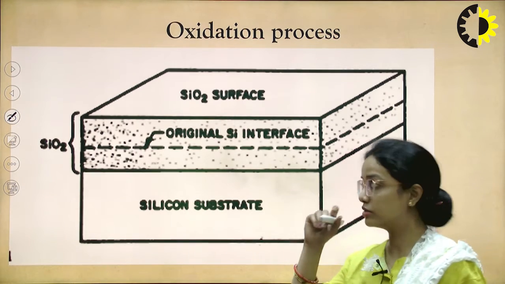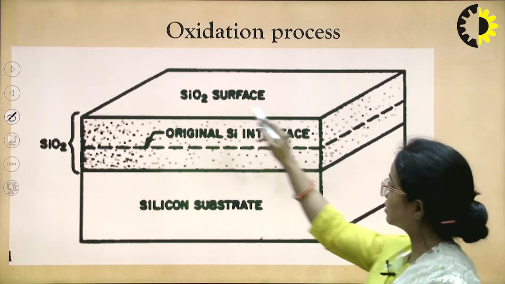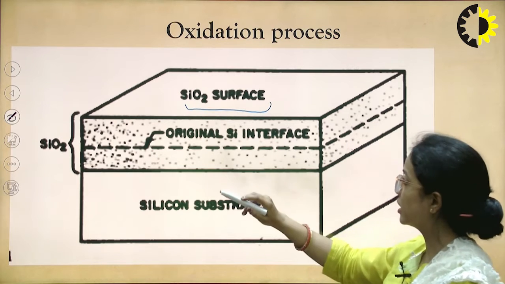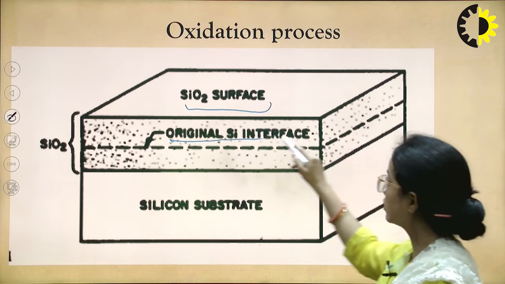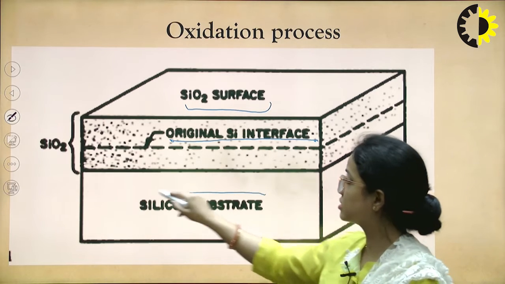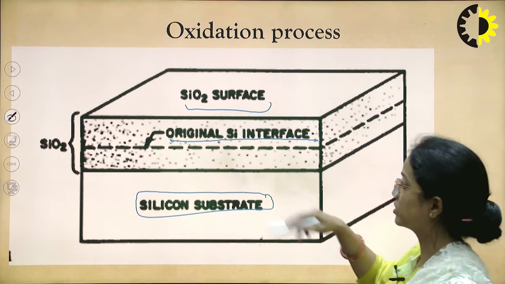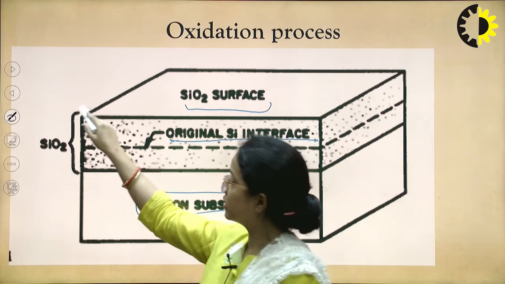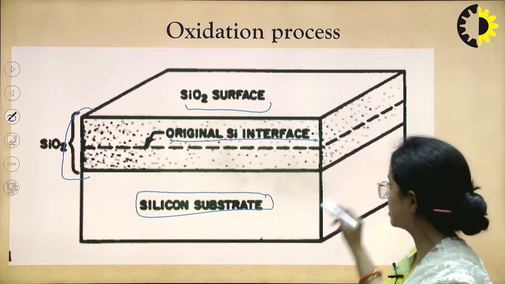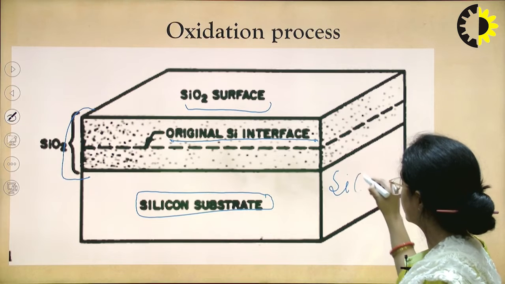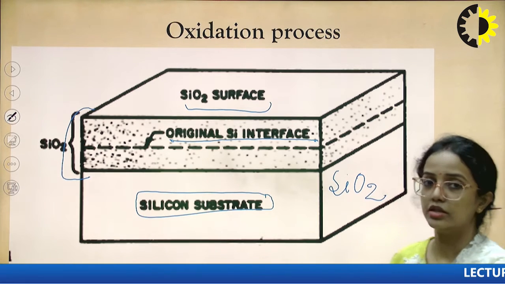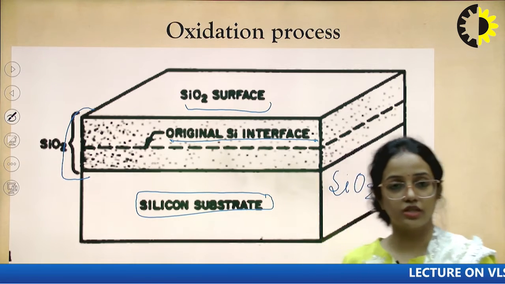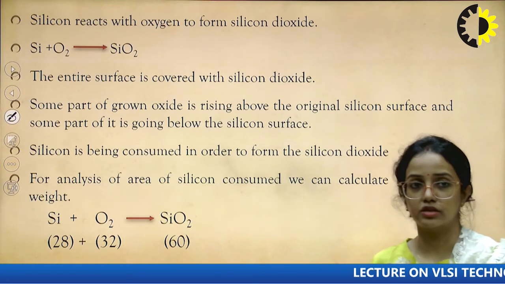Oxidation process: here we have a silicon dioxide surface, and then we have the original silicon interface here, and here is the silicon substrate. So this is a layer which we are talking about, which is nothing but SiO2, grown with the help of dry oxidation or wet oxidation.